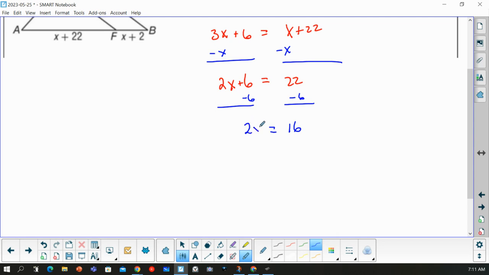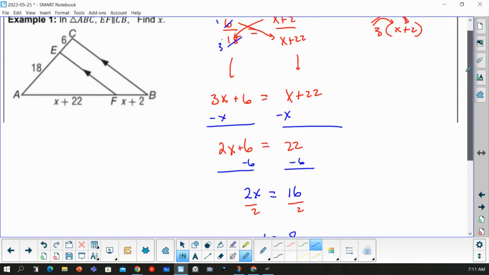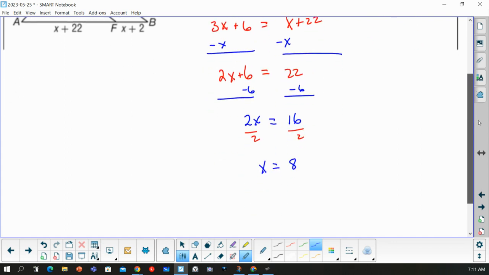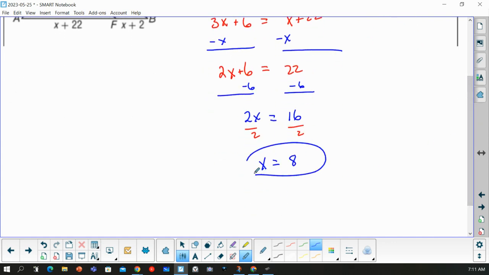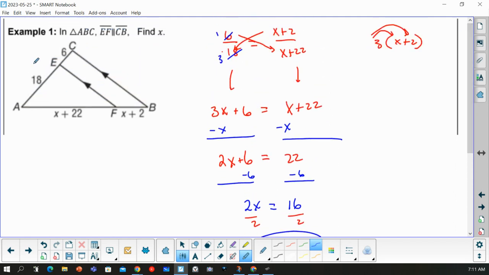And then my last step, divide by 2, and I get x equals 16 divided by 2, which is 8. All right, so there we have our x that we needed to find, and all it was asking for was x. So there's that first example. This is how we're going to use these proportions. They're going to give you an unknown, and you have to set up your proportion and solve.